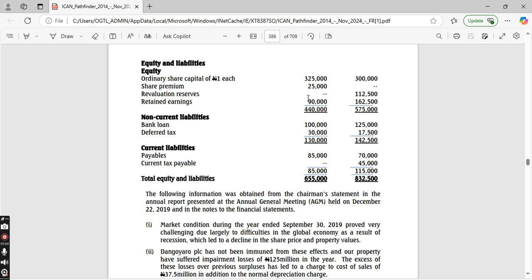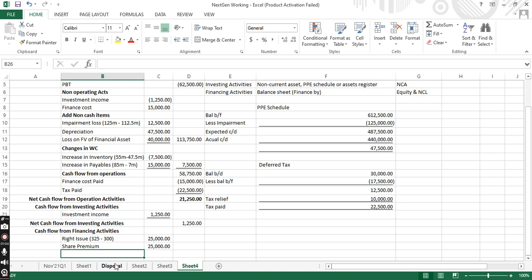Right? Yes, it has changed. Okay, so let's do our retained earnings. What's the difference? What's the retained earning at the end of the year?